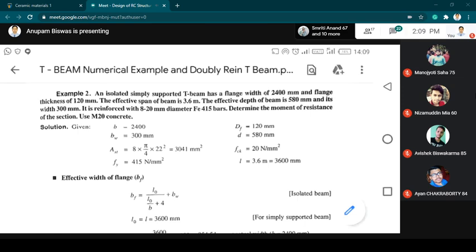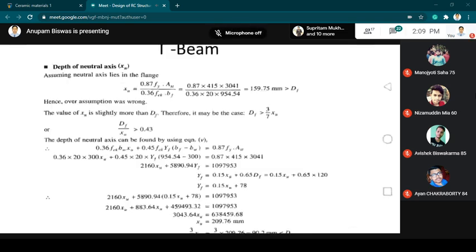YF will be same, with the condition of DF by XU, where you consider it as less than 3 by 7 XU.